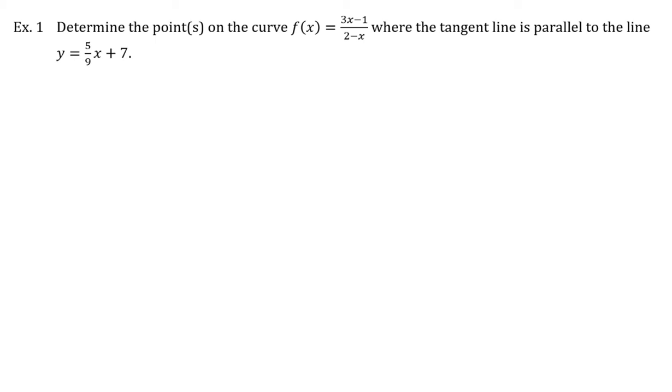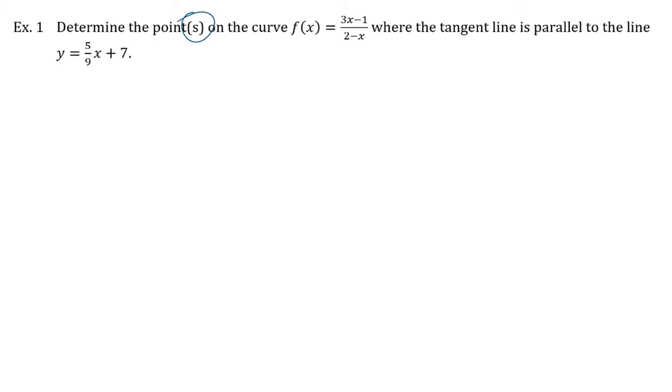Okay. Now, some of these questions, like we'll see here, I don't know why this is called example 1. I guess the first one wasn't labeled at all. So for this one, sometimes we refer to these as a little bit of problem solving, and that's because they don't necessarily give you all the information directly. So this one says determine the point or points on the curve.